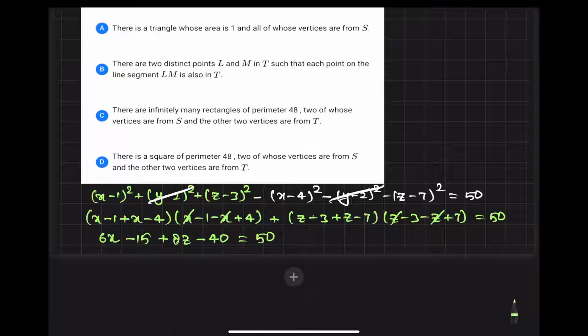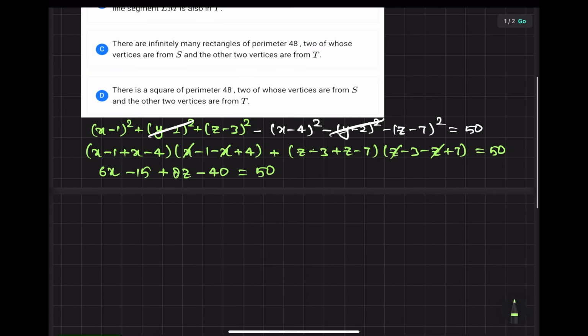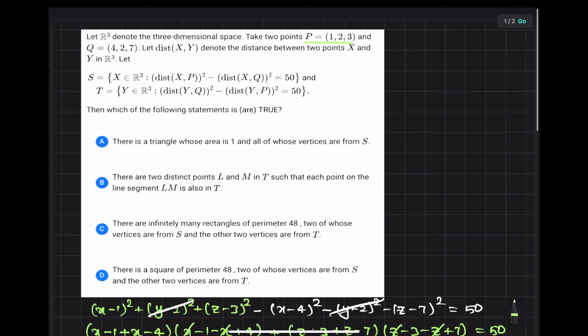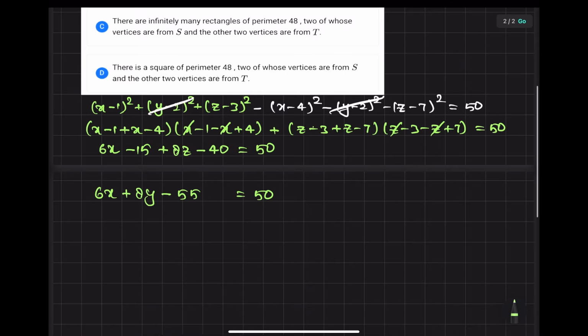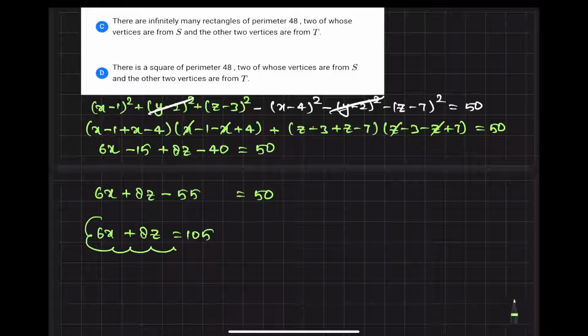So you got 50. Now I can write it as 6x plus 8z minus 55, equals 50. So this is your S. I can send this thing to that side, so it will look like 6x plus 8z equals 105. So this is your plane S.